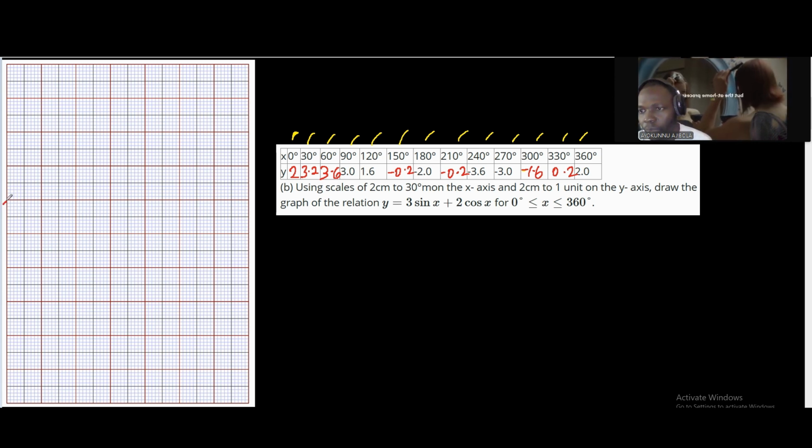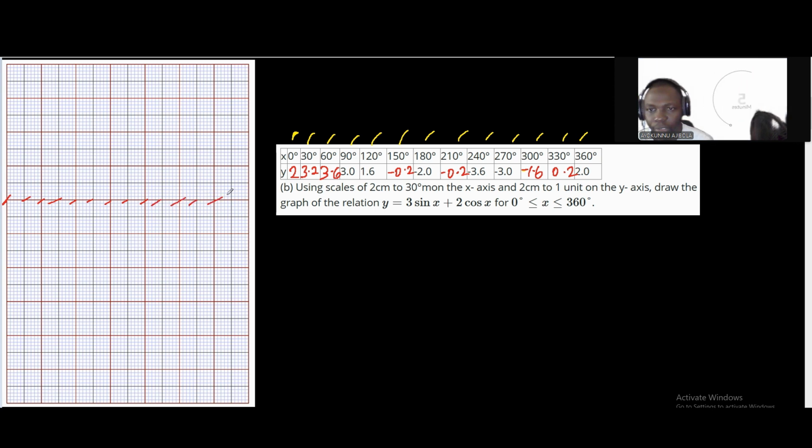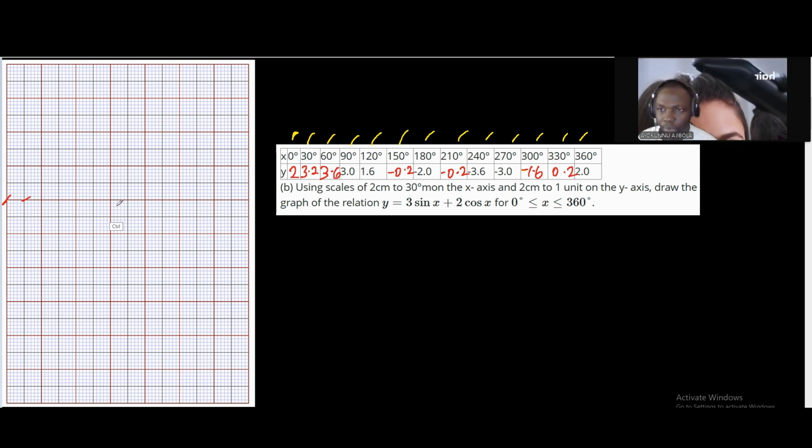Let's see. If I start from 0, that's 1, 2, 3, 4, 5, 6, 7, 8, 9, 10, 11, 12, 13. That means I have used 1 centimeter to represent 30 degrees. But the instruction says I should use 2 centimeters. So I can't use this graph, okay?